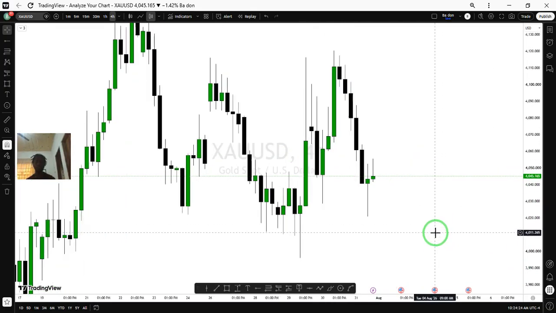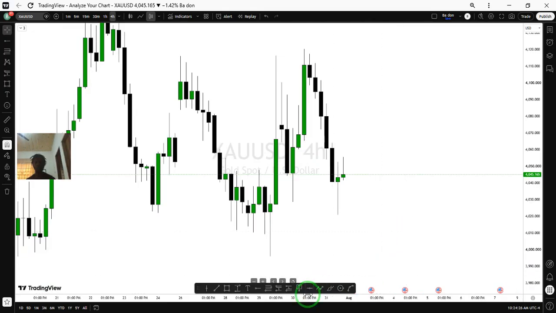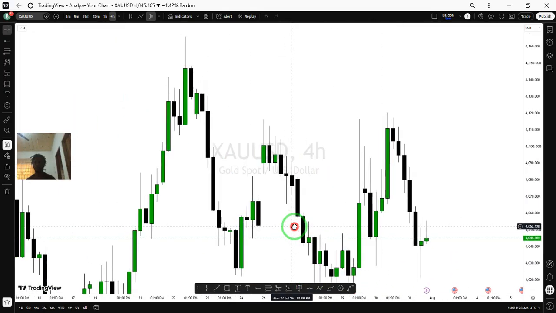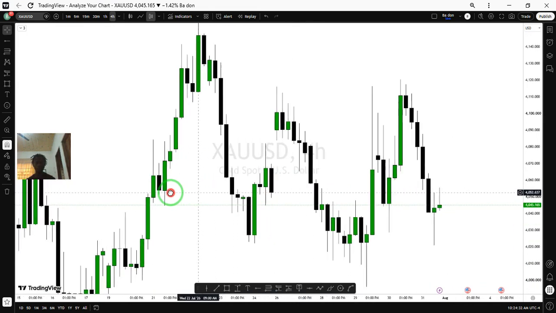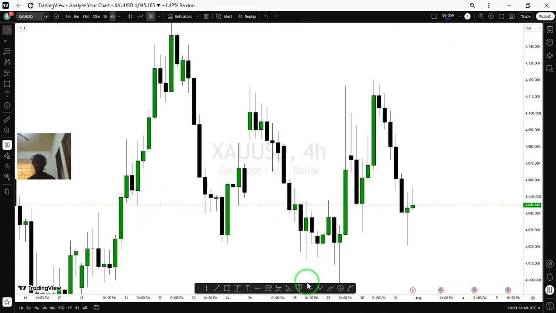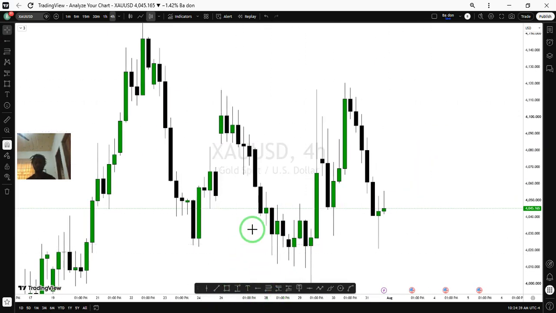So let's get down to the example. Let's just focus on this accumulation range down here. Let's say this is the new day we wanted to trade.